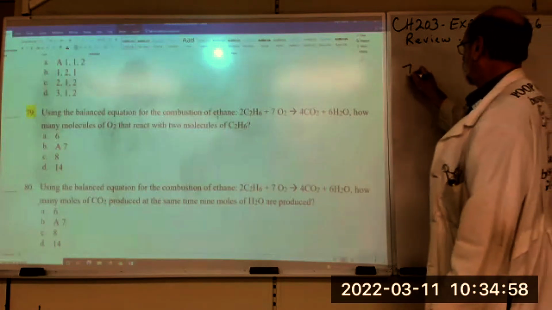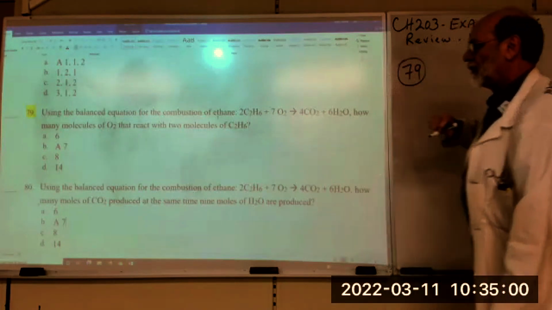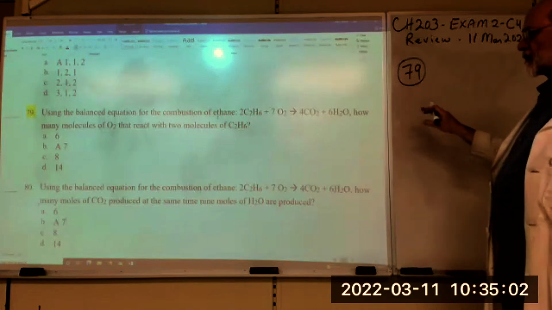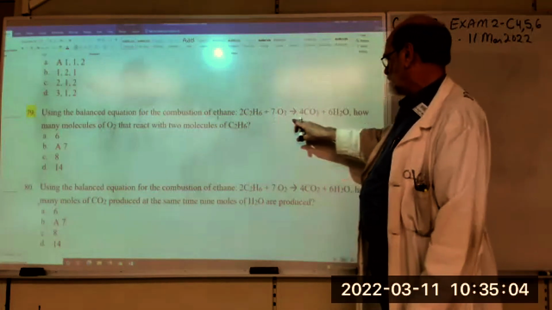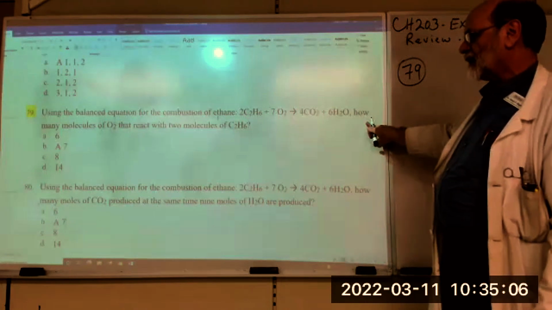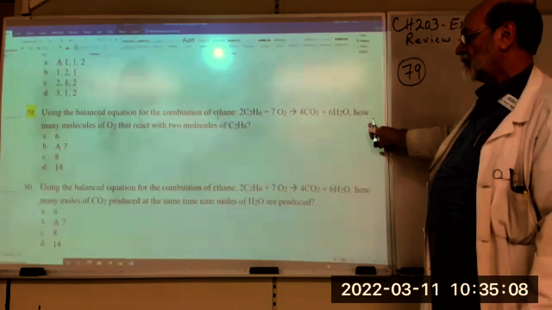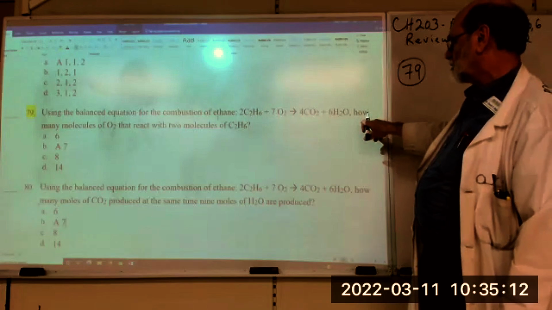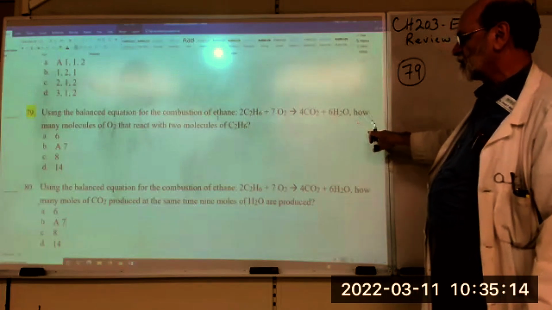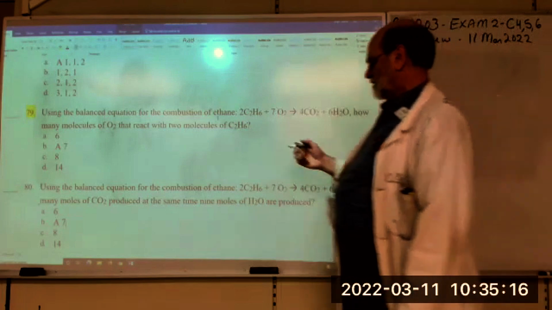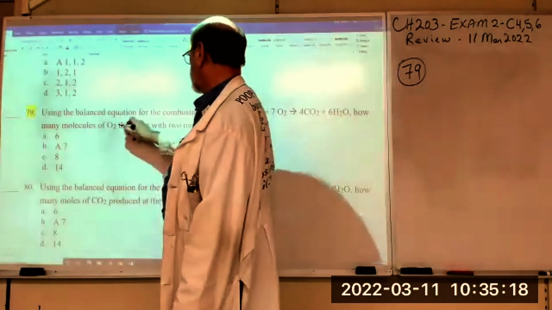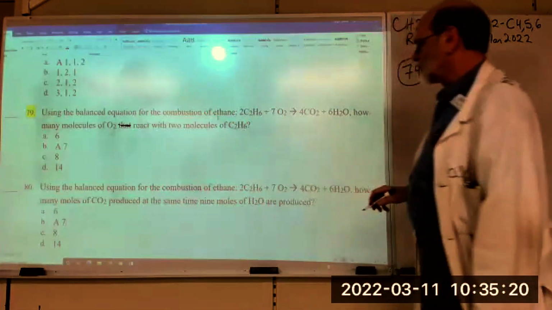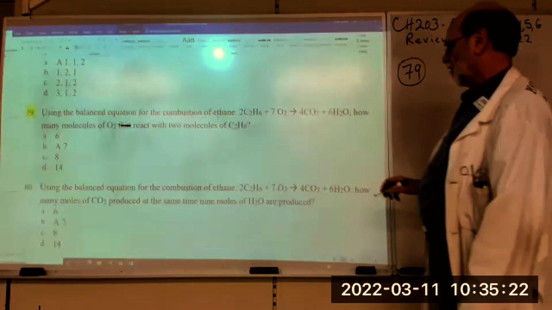79. Using the balanced equation for the combustion of ethane, how many molecules of oxygen react with 2 molecules of C2H6?